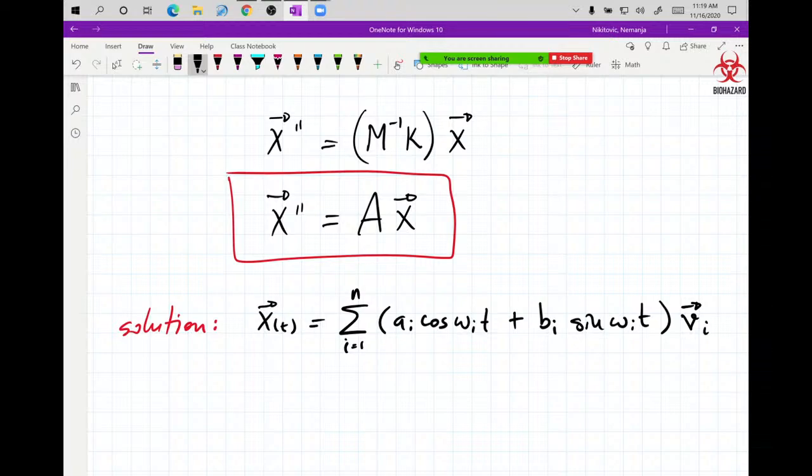It is scalable, so n is the number of m's, masses. So in our case, we only had 2 to begin with. I believe the book, let me see, yes, the book is using 3, and then they explain later on with whatever amount you want to have.